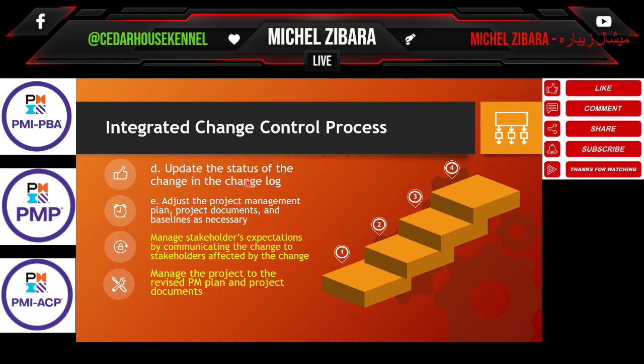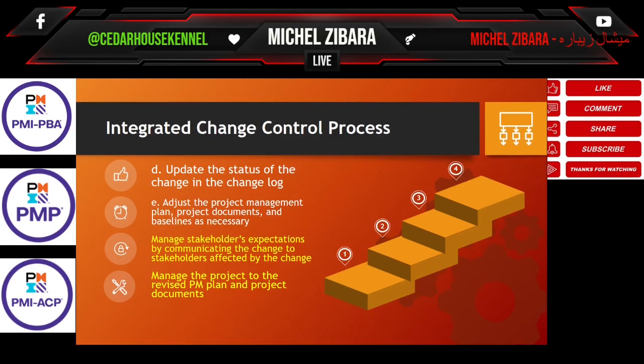Let's say the change is approved or rejected or deferred. That should be updated in the change log. The reason for the change being approved or rejected or deferred should be documented, and the date. To recap on that point, we have to update the status of the change in the change log. That's very important.